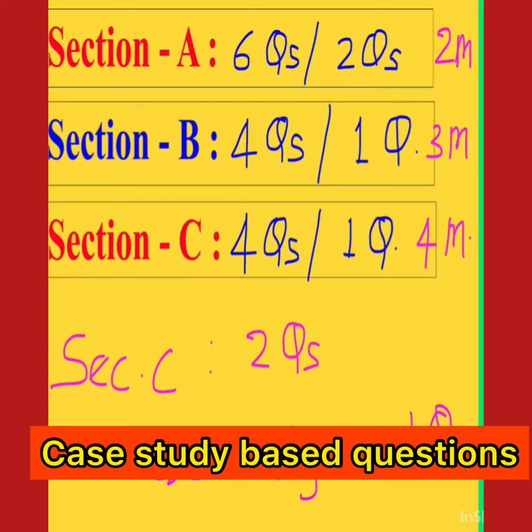So there are a total of 14 questions in the whole question paper, and you will get 2 hours for solving these 14 questions, and the total marks of the paper are 40.